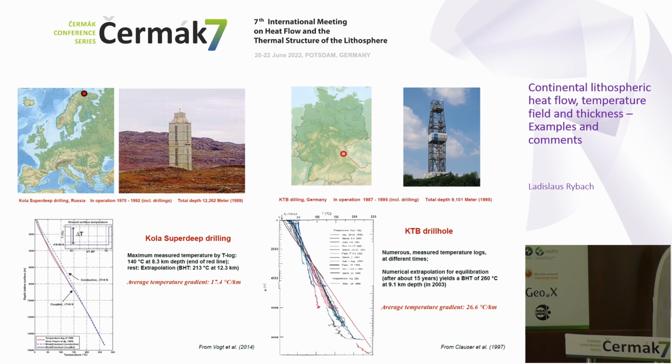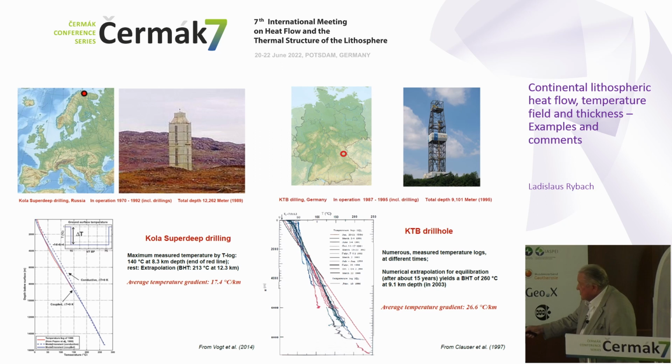Okay, this is the Kola, and this is the KTB. This went down to 12, this went down to 9 kilometers. These are the data we have, of course. This is a rather straight geotherm. This is also after all the corrections you have to make for the equilibrium.